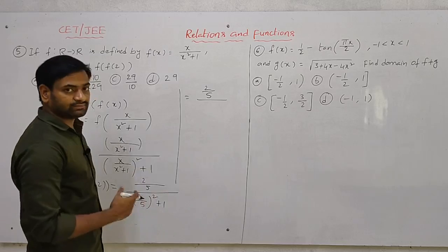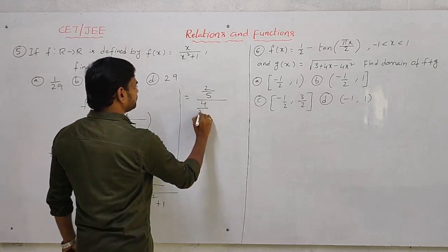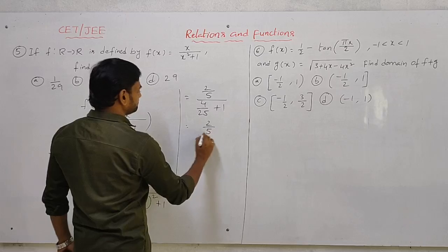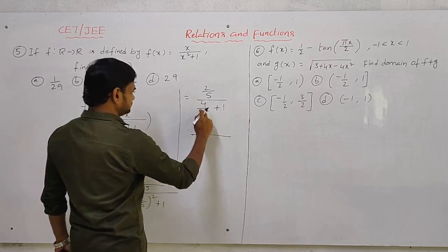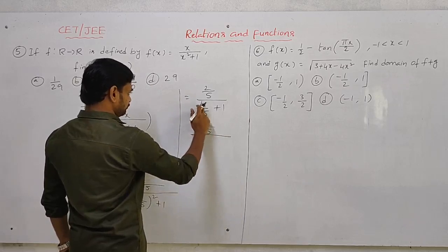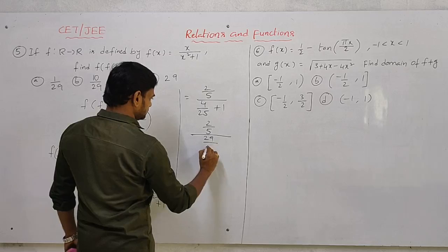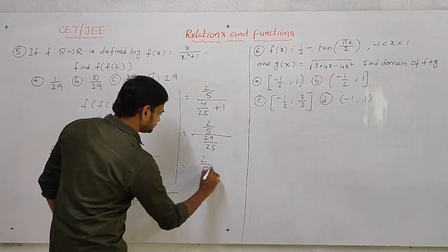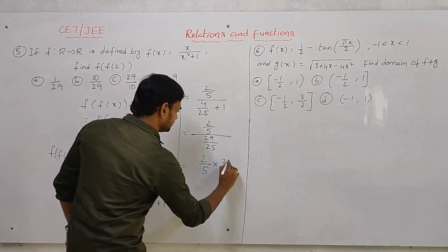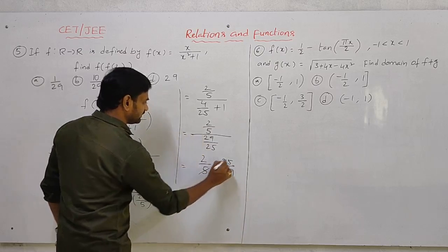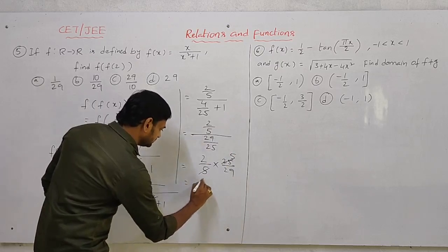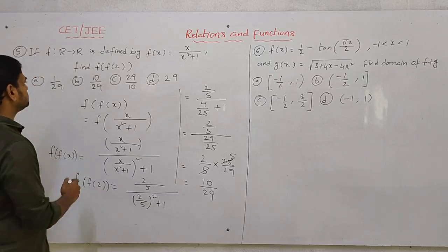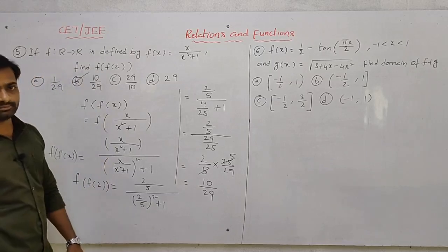So 2 square by 5 square, that is 4 by 25 plus 1. That is 2 by 5 whole divided by, LCM is 25. So 4 plus 25, that is 29 by 25. Take reverse this one, 2 by 5 into reverse 25 by 29, 5 times cancel, 5 into 2, 10, 10 by 29. So answer is option B.